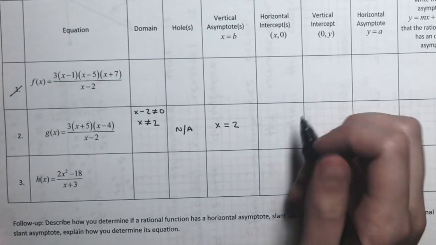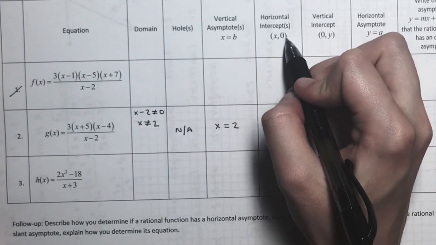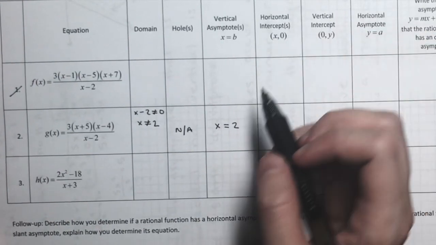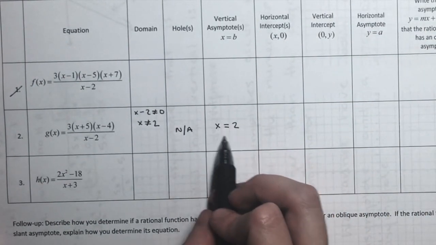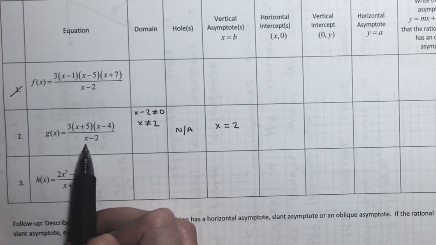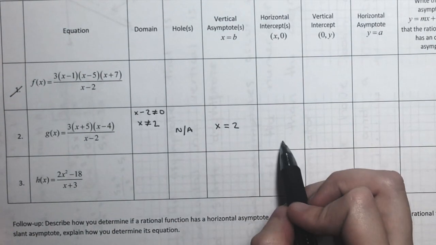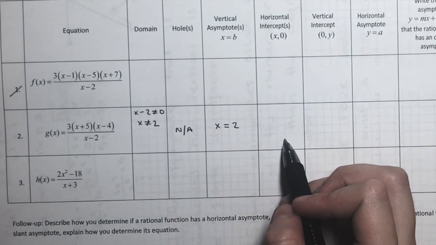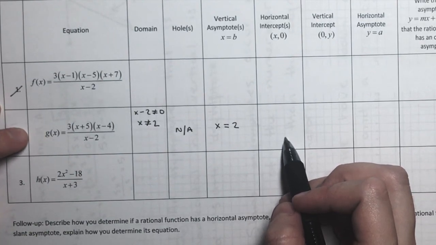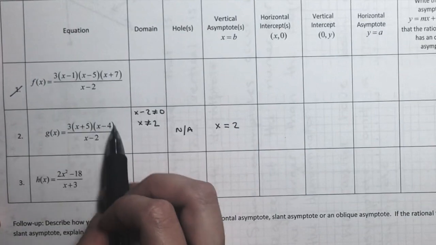All right, horizontal intercept. So this is where our y value is 0. And remember, vertical asymptotes come from factors of the denominator that are not also factors of the numerator. Okay, moving on to horizontal intercept. So these are where y equals 0. So when is this going to be equal to 0?